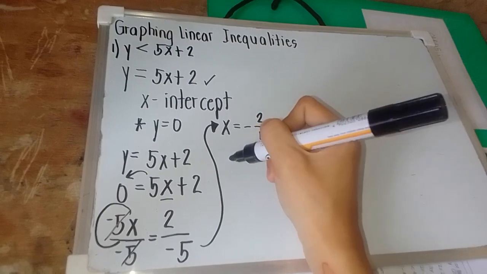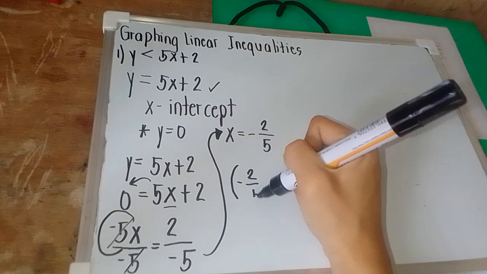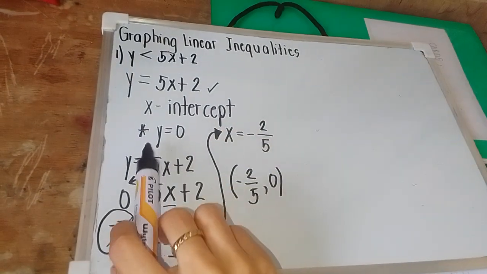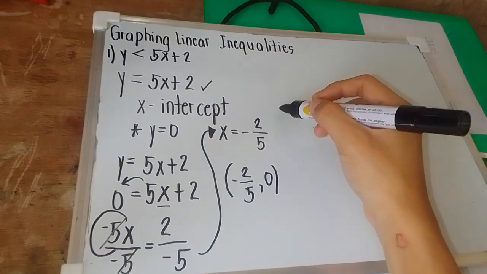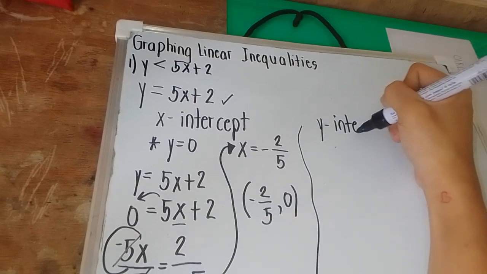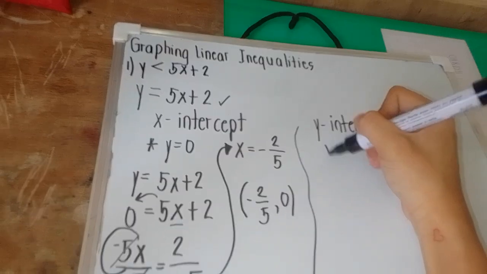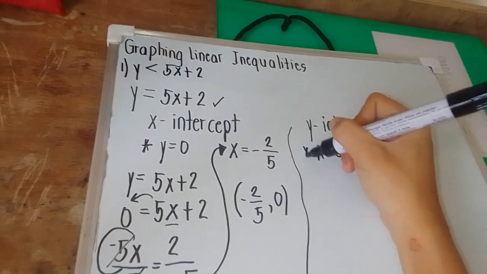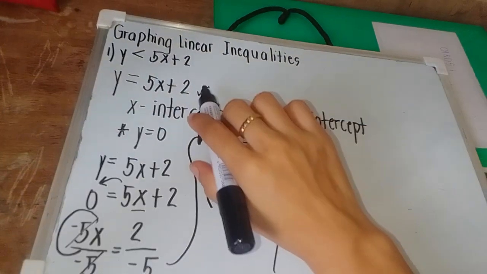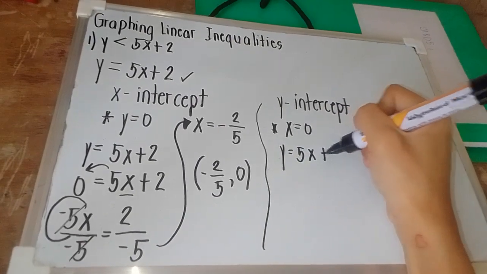To write the point, the x-intercept is negative 2 over 5, comma, 0 for your y-coordinate, because we let y be 0. Next is to solve for the y-intercept. This time, since you are solving for the y-intercept, you will let x equal 0. Same process. Using the same equation, we have y equals 5x plus 2.